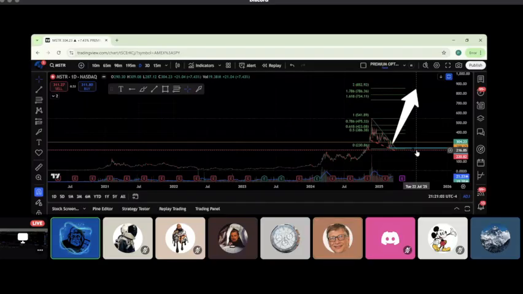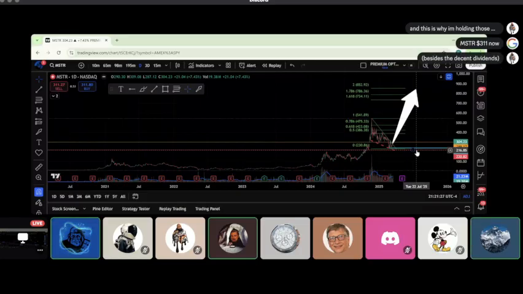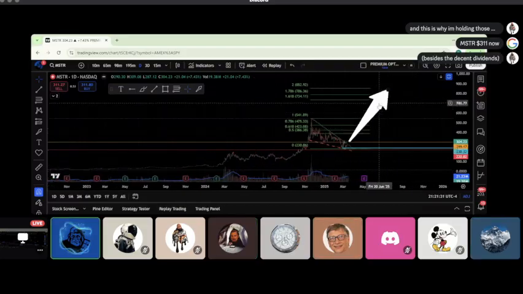So if it goes to 120,000, 150,000, you can just do the math and calculate what the market cap should be, and then calculate what the share price can be from that. So it's really not that crazy. If Bitcoin goes as high as everybody claims it's going to go, it's going to be the most valuable company in the world. I don't know if that's going to happen, but that's the idea behind MSTR.